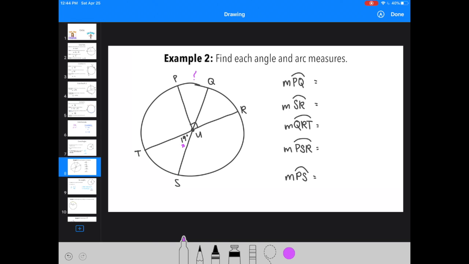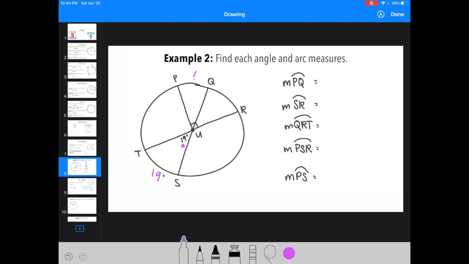Well, if my central angle here is 90 degrees, what's the measure of TS? That arc is 19 degrees as well. What is unique about your diameter? What's your diameter going to do? Well, it's going to divide that circle in half. What's the measure of a semicircle? What's the angle measure? 180 degrees.